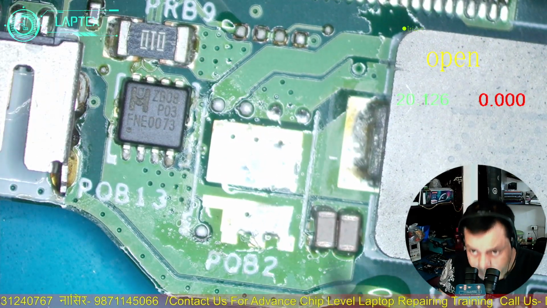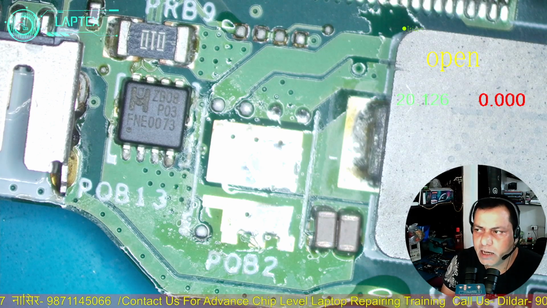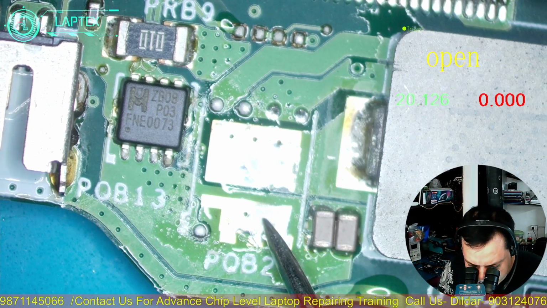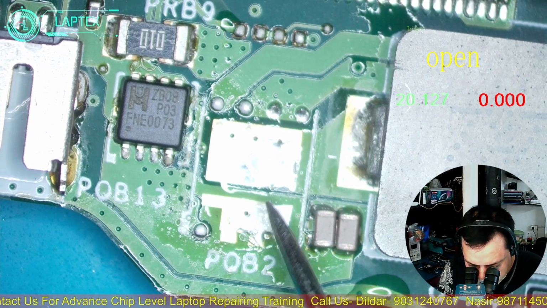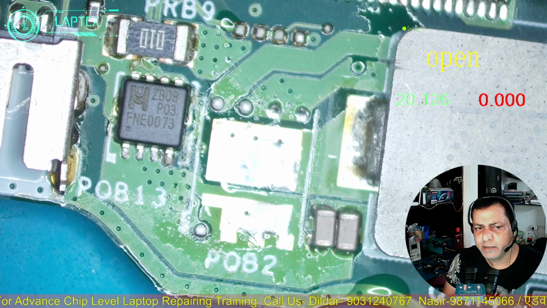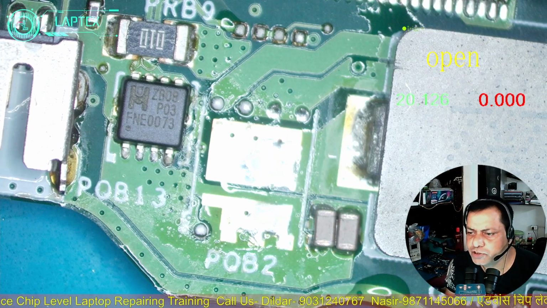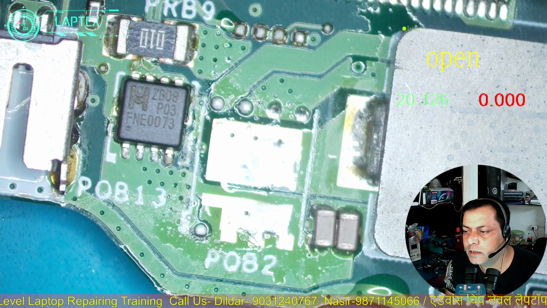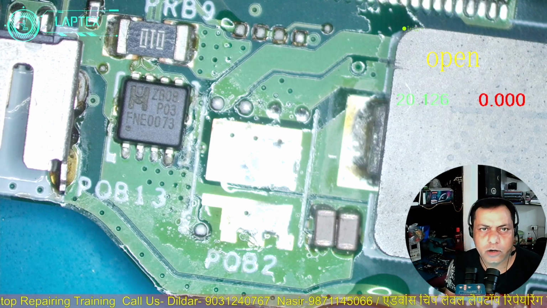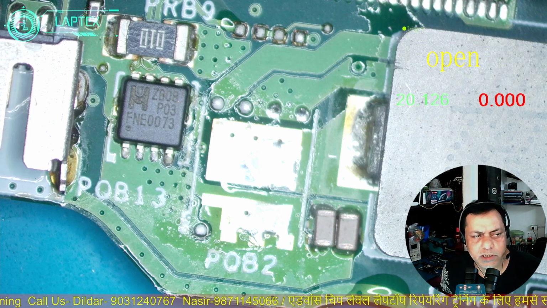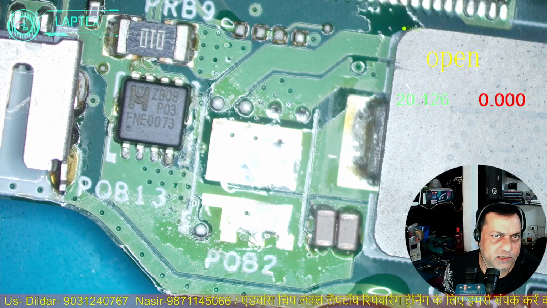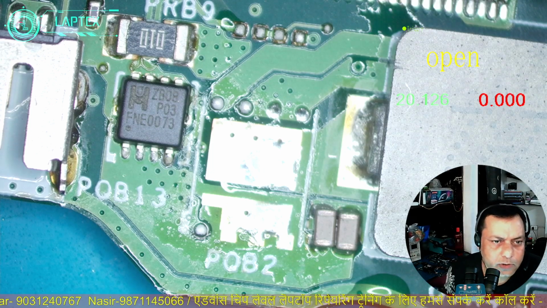You have to make sure one more thing. Maybe I'm making a mistake. Why? Because there might be a common point. Let me show you, is it really a problem or not? What is the common thing? The drain and source is common.